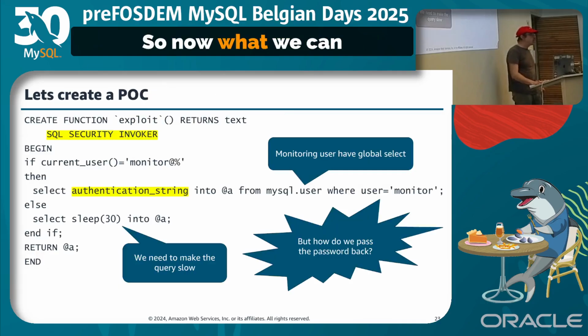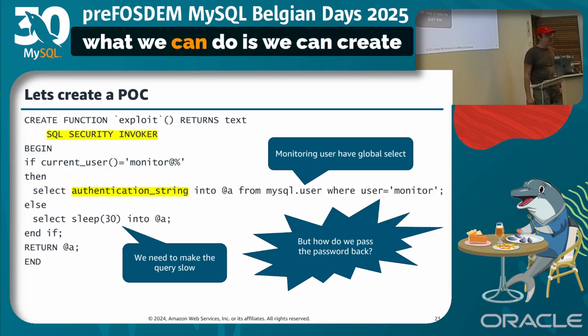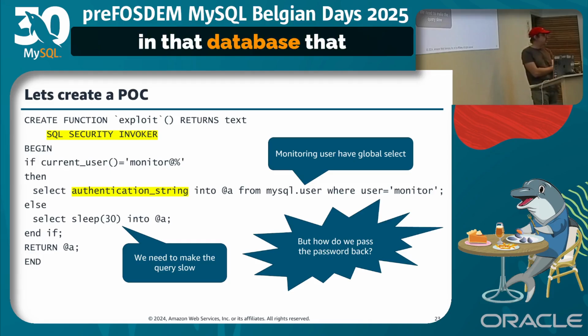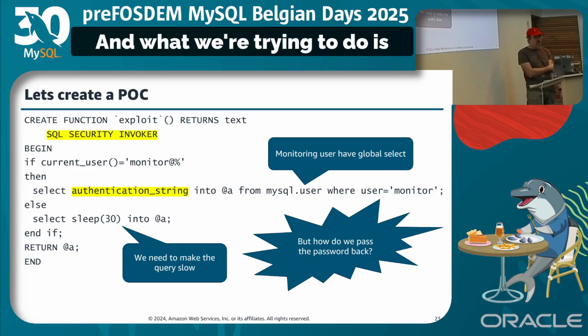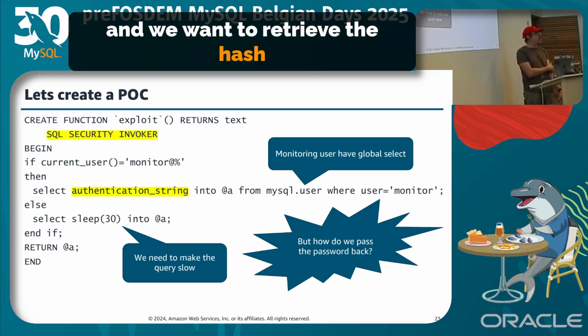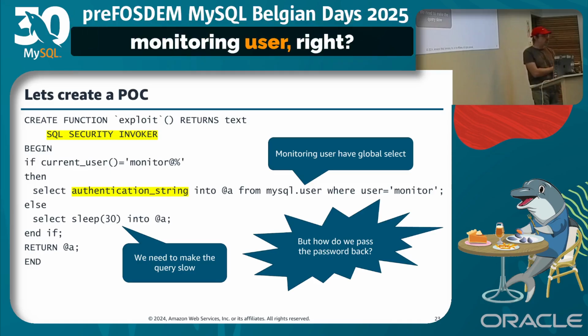So now, what we can start doing is create that exploit function in the database that we control. What we're trying to do is retrieve the hash of the password of the monitoring user.